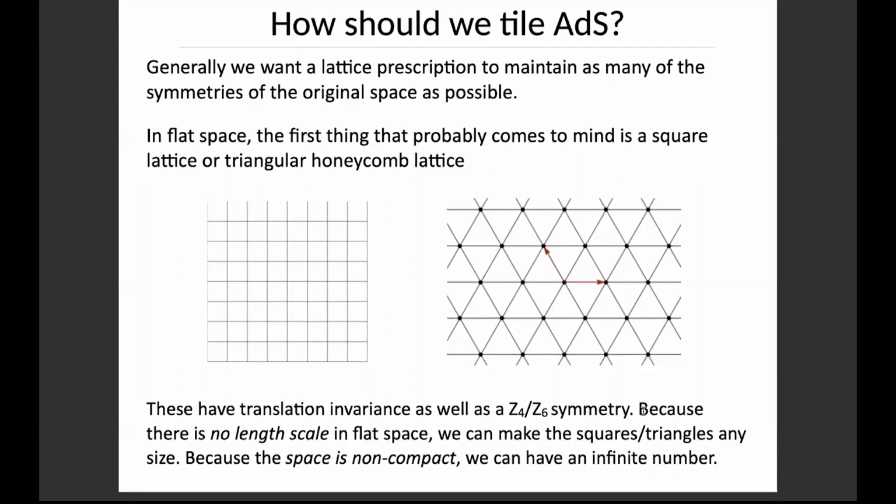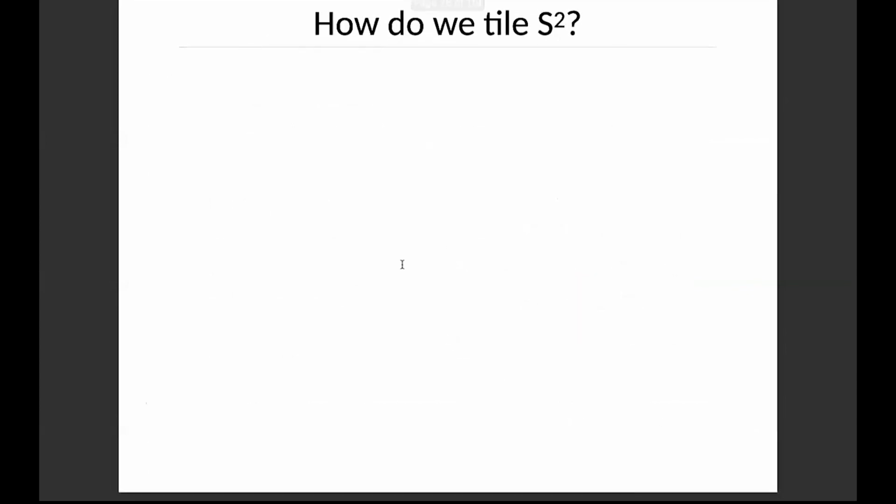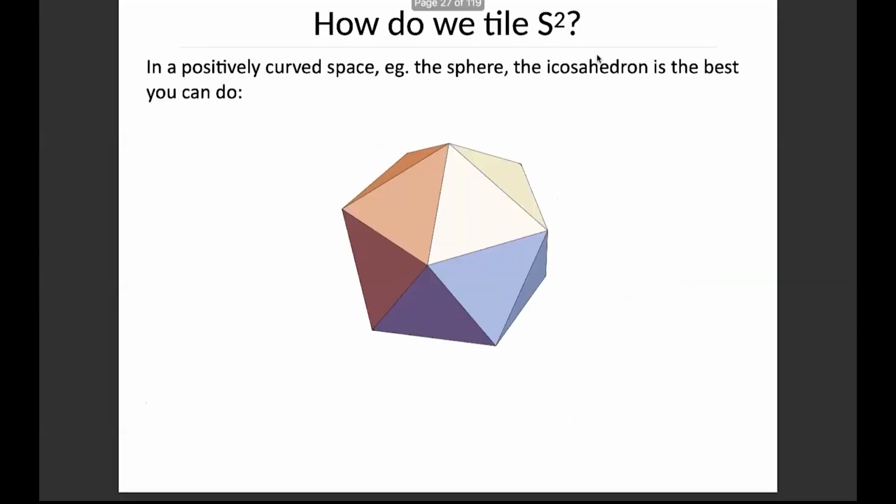So we can zoom in or zoom out of the lattice, so to speak. So we can make the squares or triangles any size, really. And also, because the space is non-compact, we have an infinite number, right? So flat space, we can go off to infinity. So if we theoretically want to tile all of flat space, we have to have an infinite number of squares or triangles here.